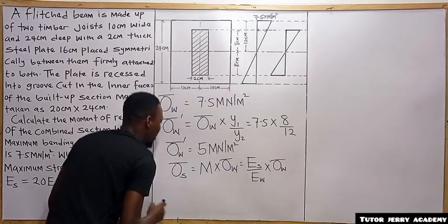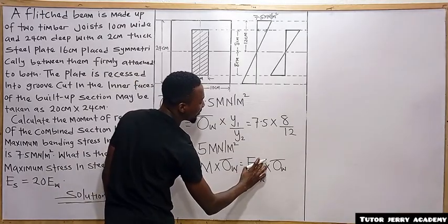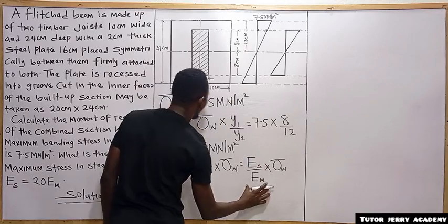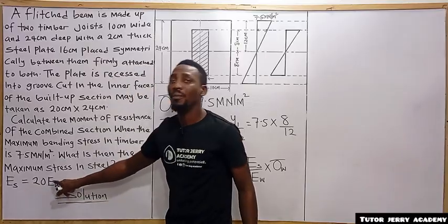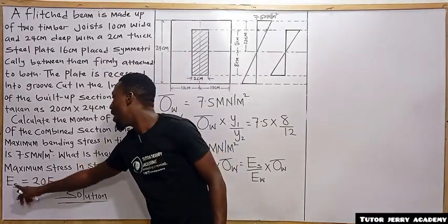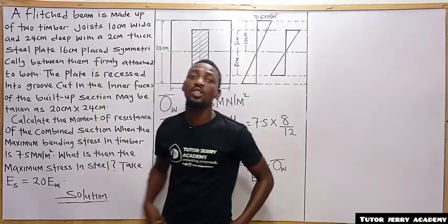All right. So now this will be equal to the modulus in the steel over modulus in the wood, which is 20.